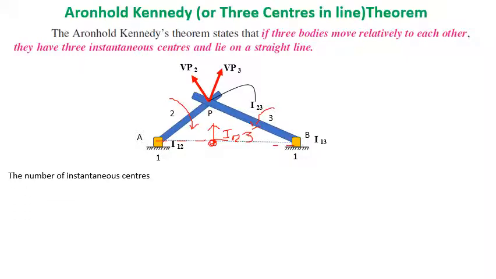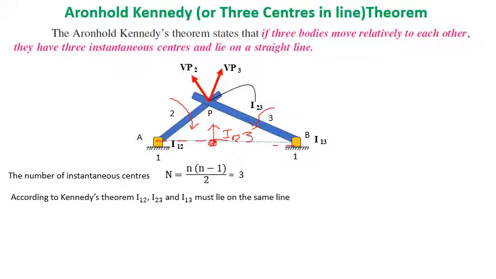In this case, in order to find the number of instantaneous centers, we use the equation N equals n into n minus 1 by 2. Since we have 3 links, therefore 3 into 3 minus 1 by 2, so the number of instantaneous centers is 3. Here I12 and I13 are the fixed instantaneous centers, whereas I23 is neither a fixed nor a permanent instantaneous center.